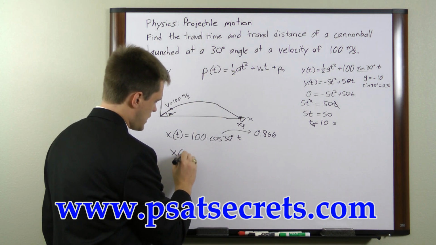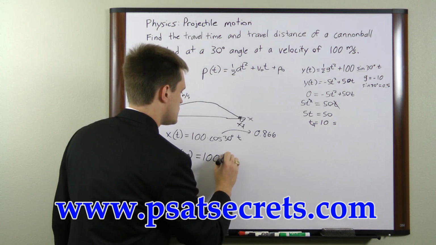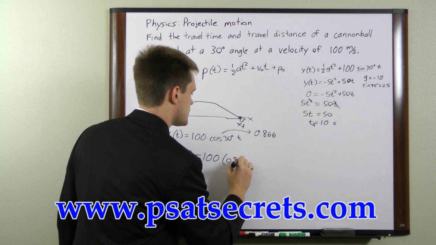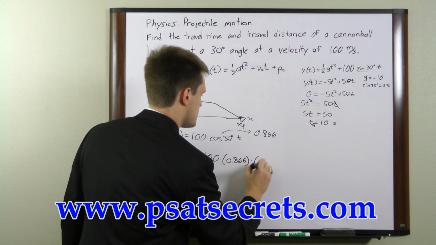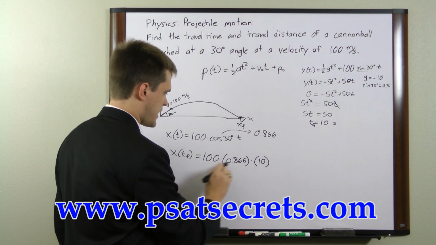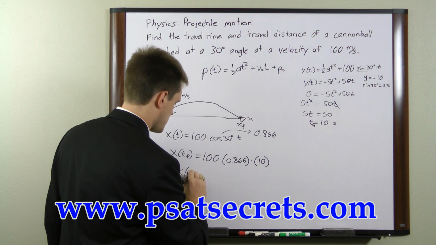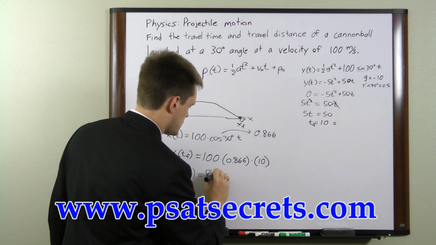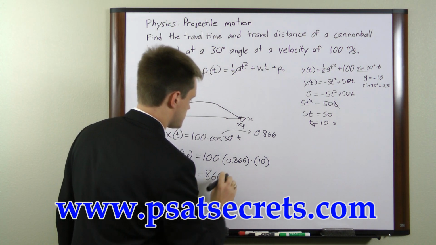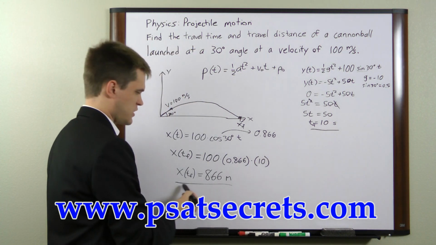So x at t final equals 100 times 0.866 times 10 seconds. And so what we got is 1,000 times 0.866, or 866 meters. So we've got our travel time here and our travel distance here.